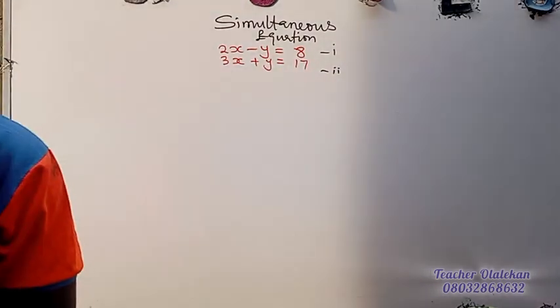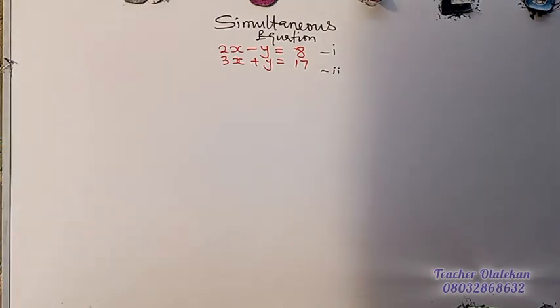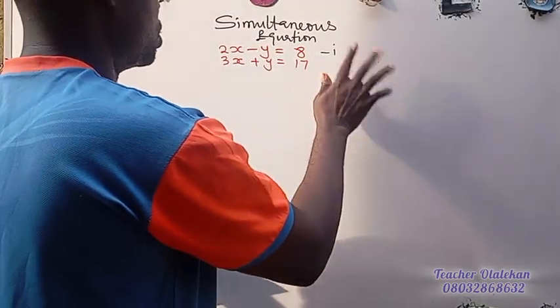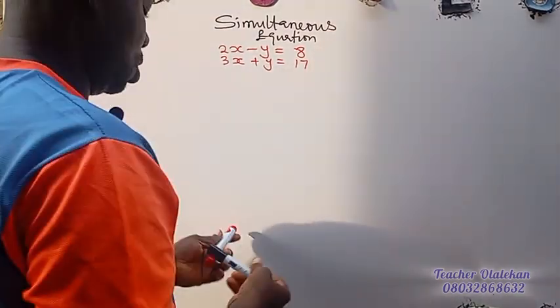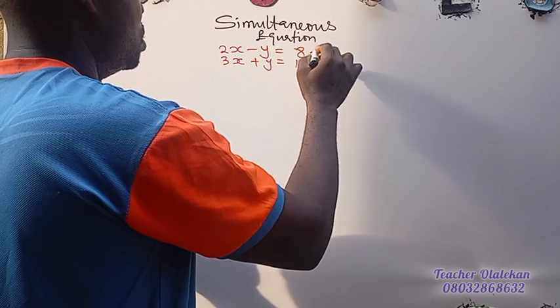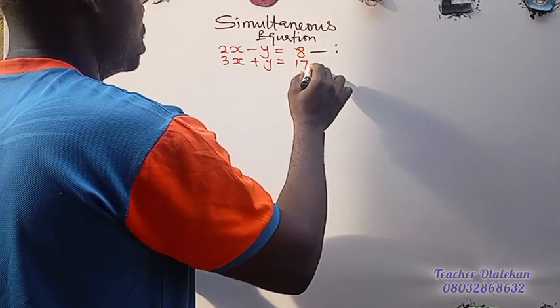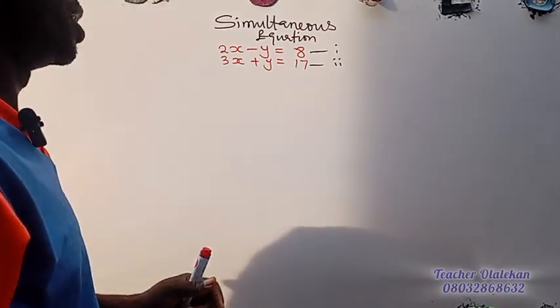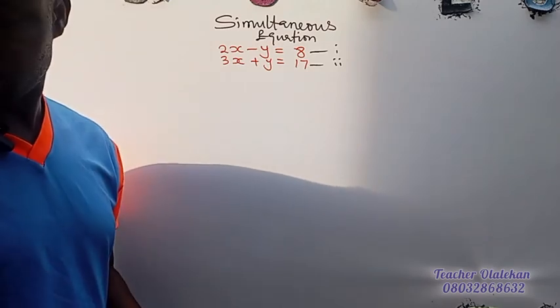This is a good example of a simultaneous equation, where we have two equations. Equation 1 is 2x minus y equals 8, and equation 2 is 3x plus y equals 17.